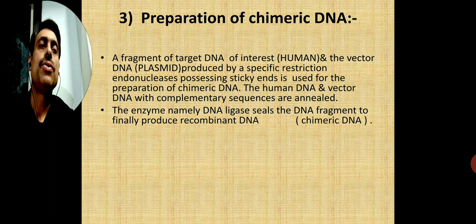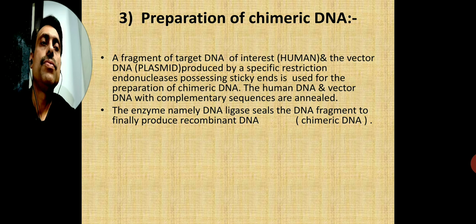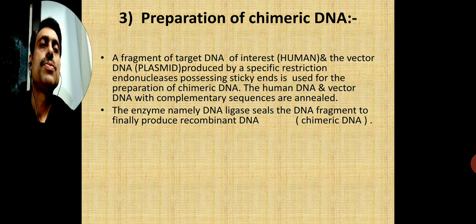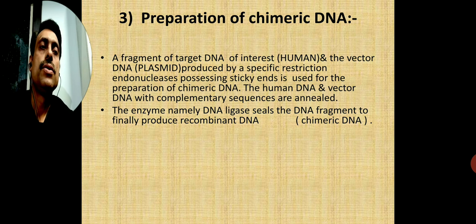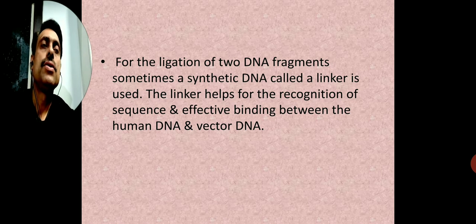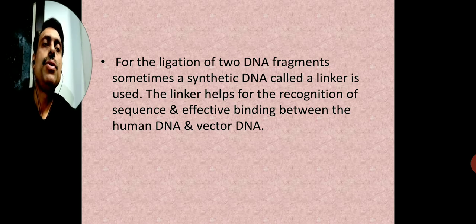The restriction endonucleases act on them, and you get a fragment of target DNA of interest, and vector DNA is produced by specific restriction endonucleases possessing sticky ends, and then we form chimeric DNA. DNA ligase is very important here. Linker DNA can be used.